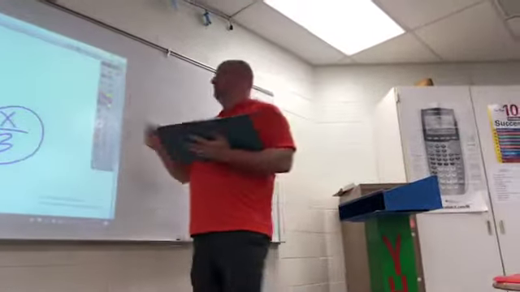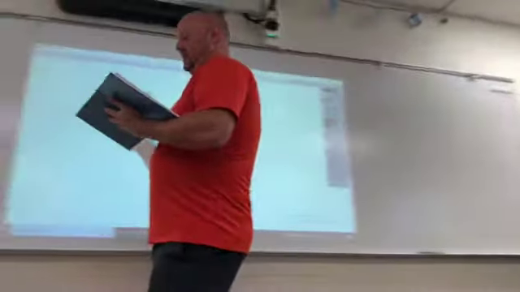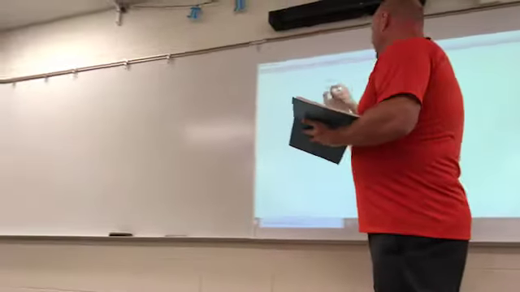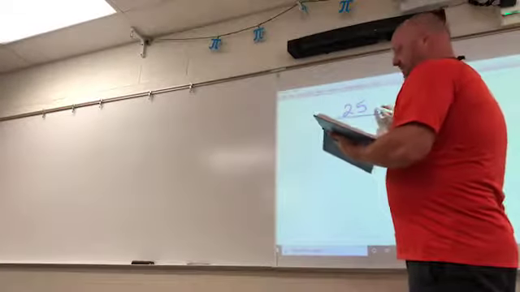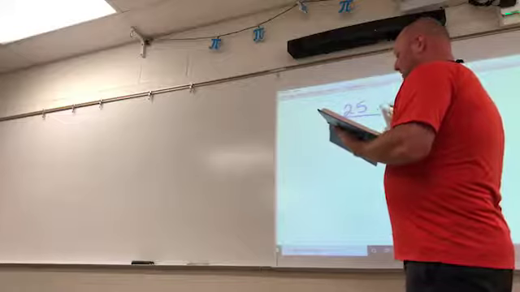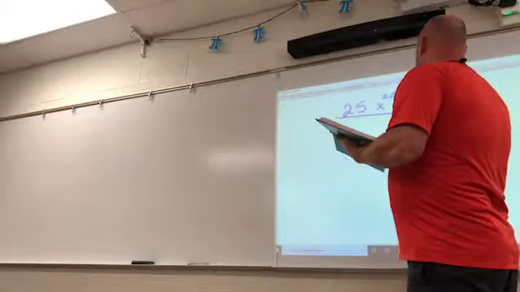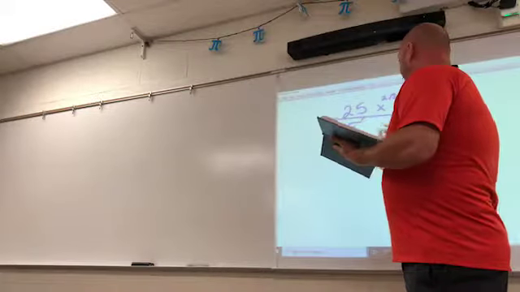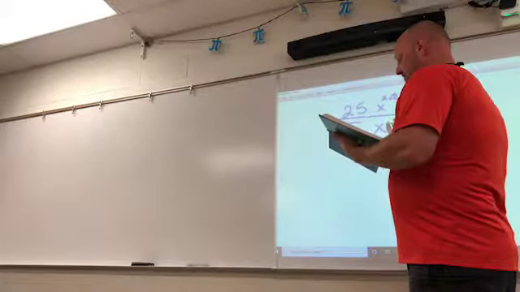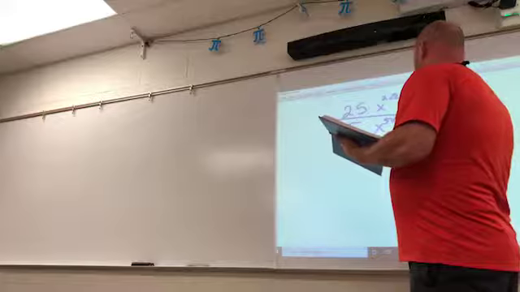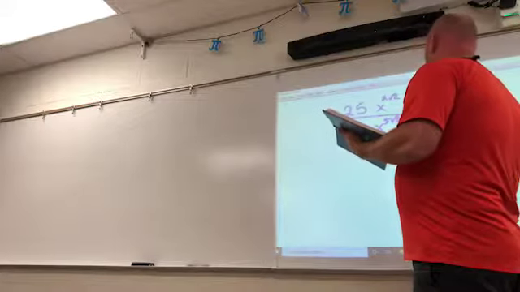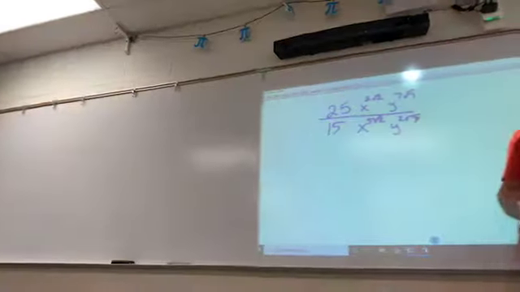You've got fractions going on. You've got exponents going on. So we got 25. We got a variable x raised to the 2 root 2. You got a y to the 7 root 7. 15 x to the 5 root 2, y to the 2 root 7. Oh my gosh, that looks nasty.